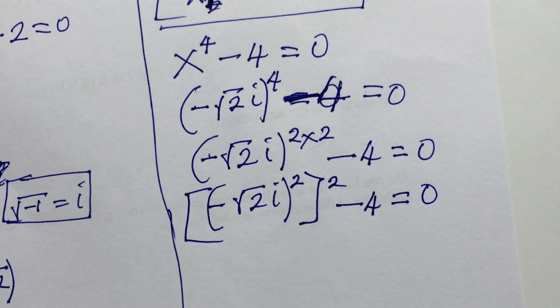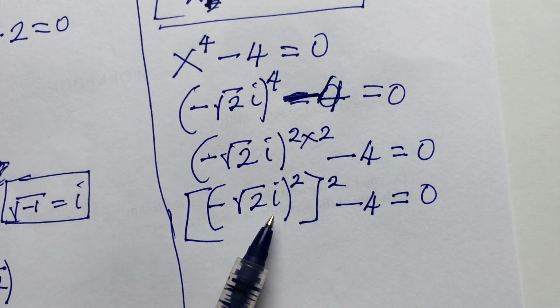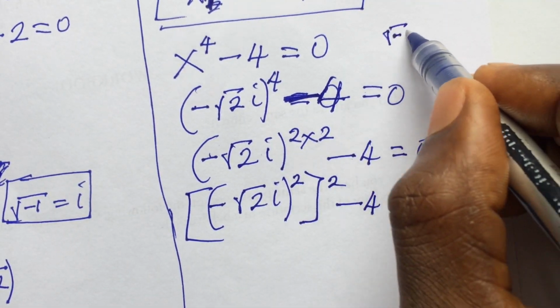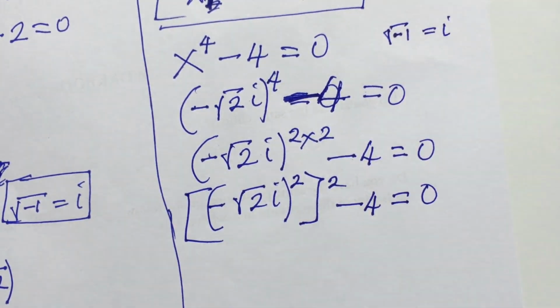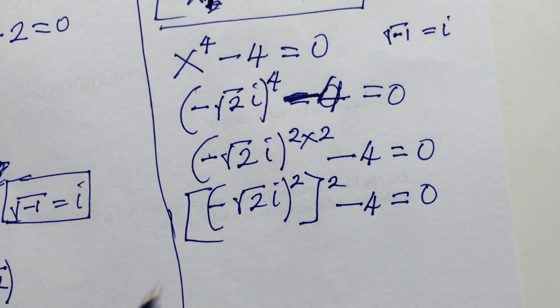Now look at the manipulation here. Very easy. If you look at this, the i here, we said i is the same thing as the square root of minus 1. And so we can equally bring that out here.